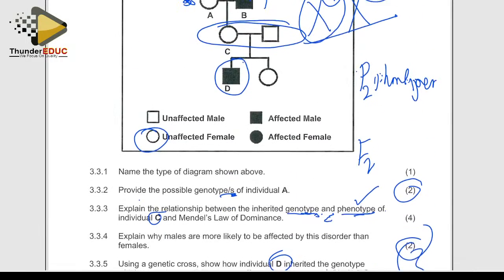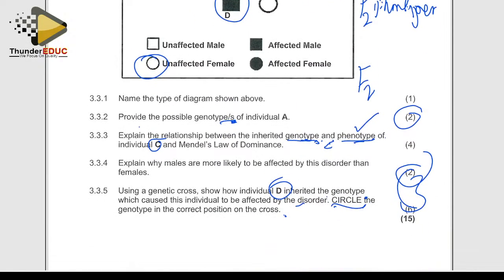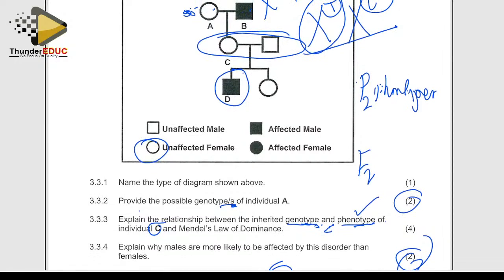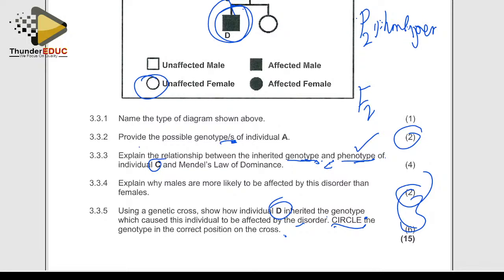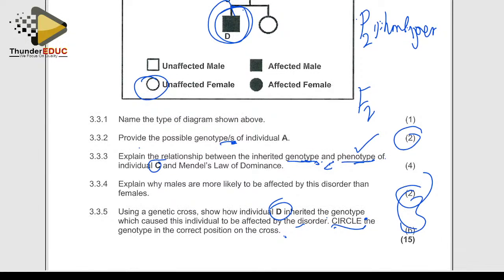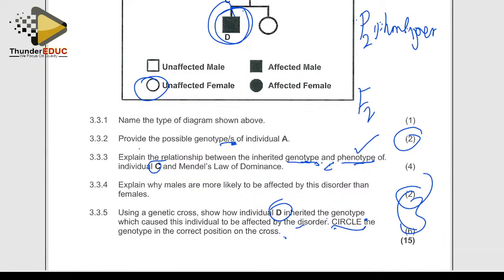Oh, all right. Let me just use this blank page so that you're able to understand what I'm saying. So we are answering this question. They're saying use the genetic cross to show how the genotype D, so genotype D is this one, how did this individual inherit it, caused by individual to affect by the disorder.